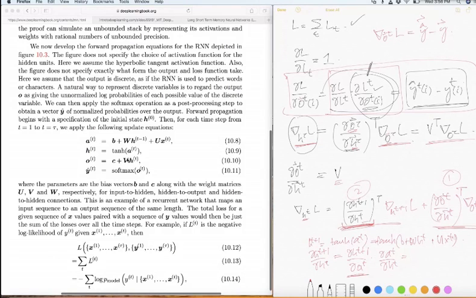The relationship between h_{t+1} and a_t is tanh, so the derivative of tanh is 1 minus tanh squared. I'm not going to evaluate it; this is just this first part. And the second one is, what is the derivative of a_t with respect to h_t? That is just the matrix W.